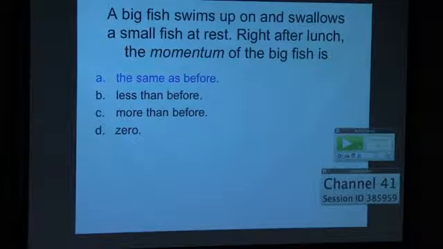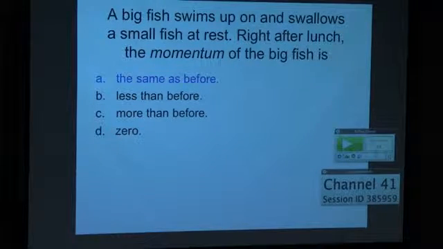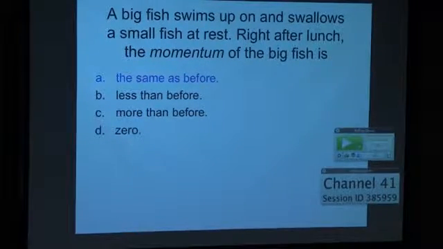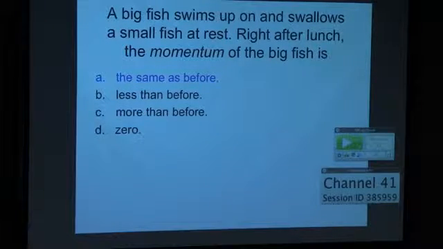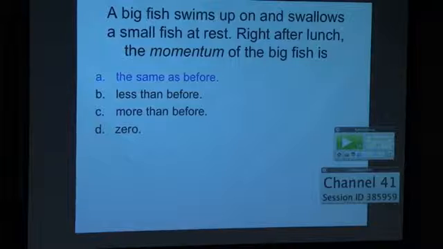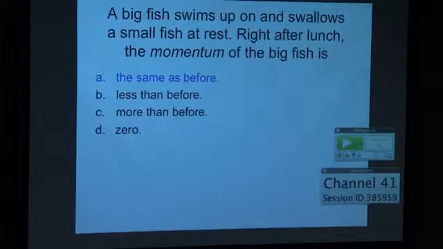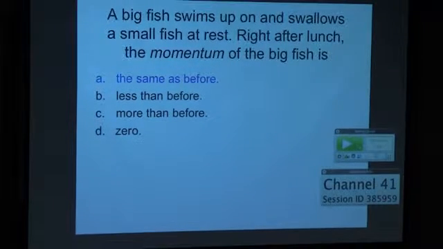Momentum before the collision: the total momentum before was all in the big fish. The total momentum afterwards is in the big fish, because the small fish became part of the big fish. It's not like they're just stuck together, moving together.